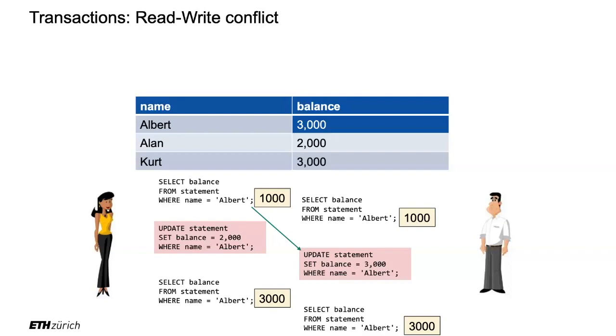The order matters here because in that case, we have first the query by Alice that returns 1,000 and then the query by Bob that writes 3,000. If the order were reversed, and Bob first executed the query setting it to 3,000 and then Alice executed the select from where query, she wouldn't get 1,000, she would get 3,000.